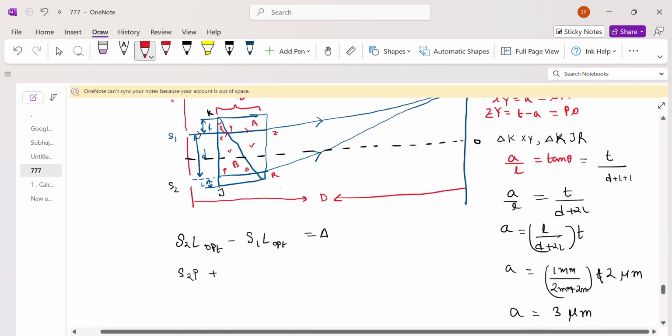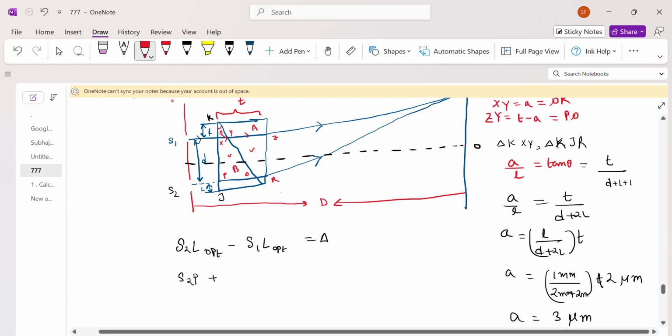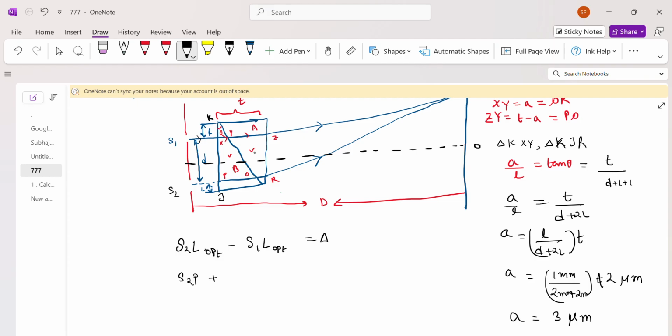This is a very crucial point. Now for this S2L, what will happen? S2P is this much, from here to there. Now because there is a medium, the optical path will be mu B multiplied by PQ. Then this light ray also travels through this QR distance, so the optical path will be mu A into QR.